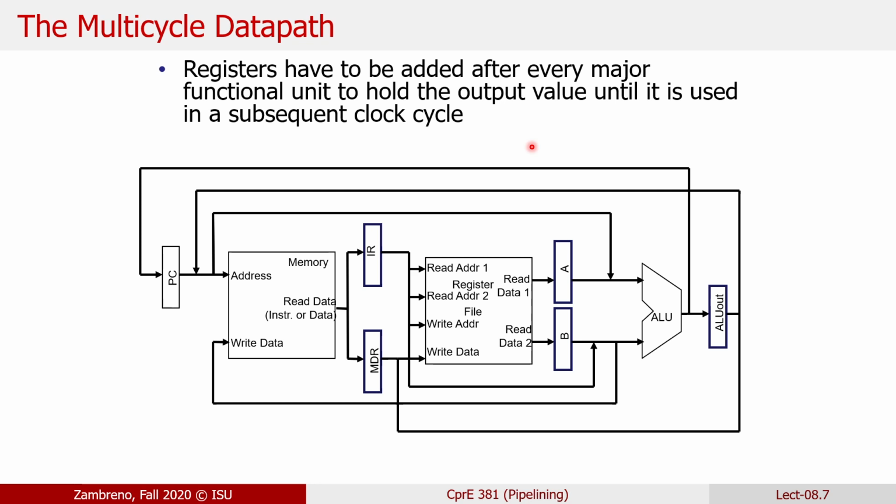That doesn't need to be the case for a multi-cycle implementation because the instruction can take multiple cycles. We can just reuse those elements. And that ALU, for instance, can be used to calculate PC equals PC plus 4 in one cycle, and then in a follow-on cycle can be used to calculate add T1, T2 with regards to the instruction's actual functionality.